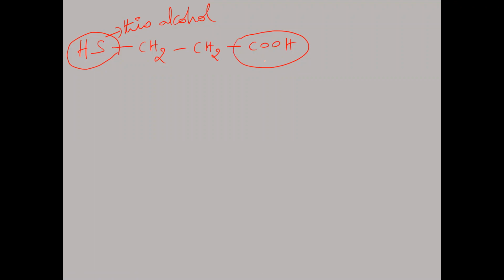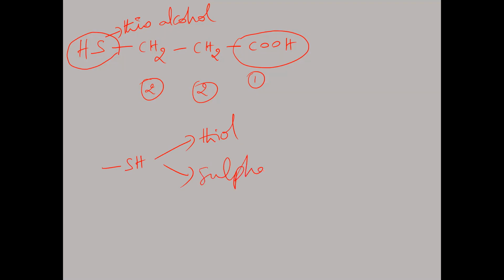In this case, the carboxy group carbon should be in first position, then second carbon, third carbon. So on the third carbon, what is there now? This thioalcohol group. The SH group has two names. What are the two names here? Thiol, we say, as a secondary suffix, and sulfanyl.